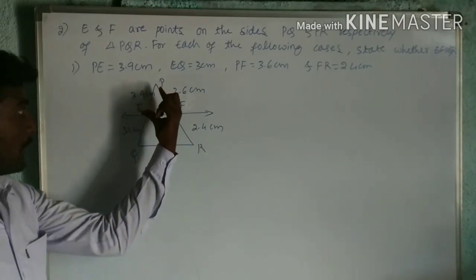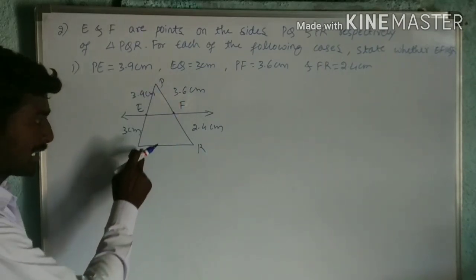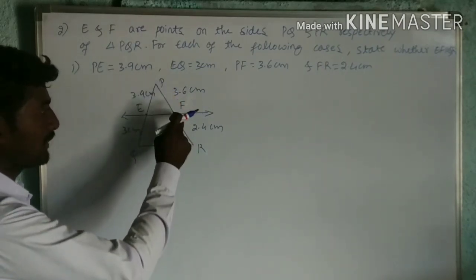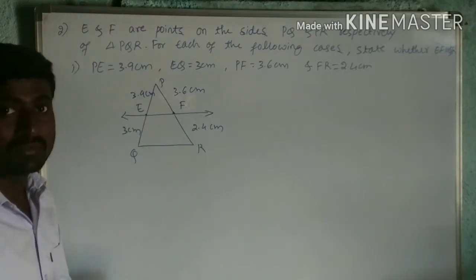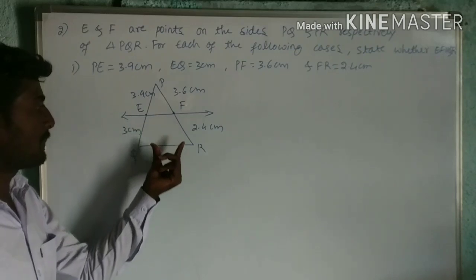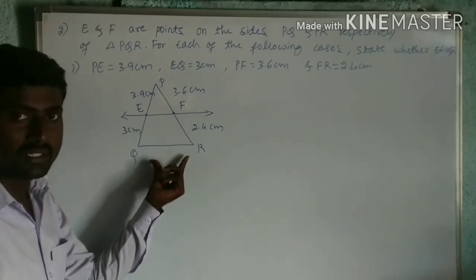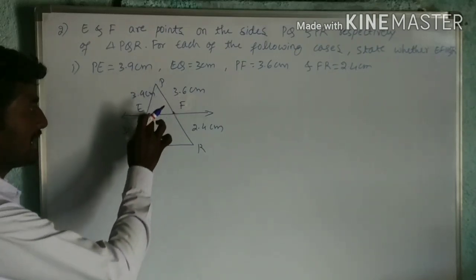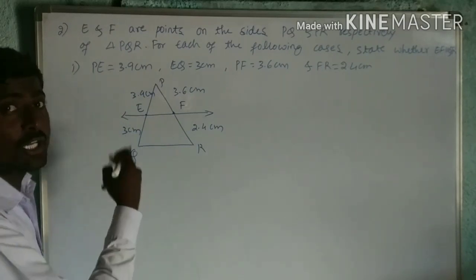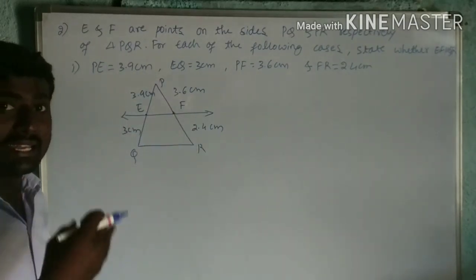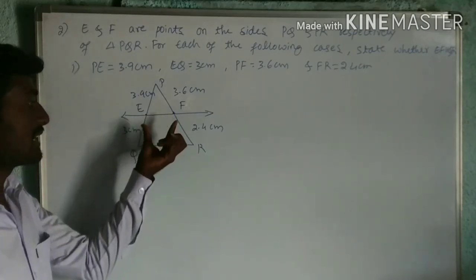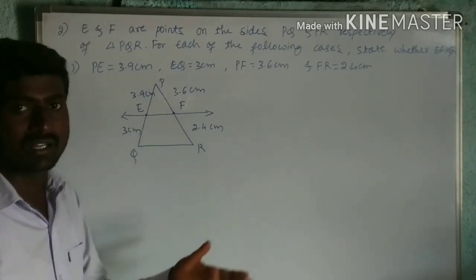If PE divided by EQ is equal to PF divided by FR, then I can say that EF is parallel to QR. If PE divided by EQ is not equal to PF divided by FR, then EF is not parallel to QR.